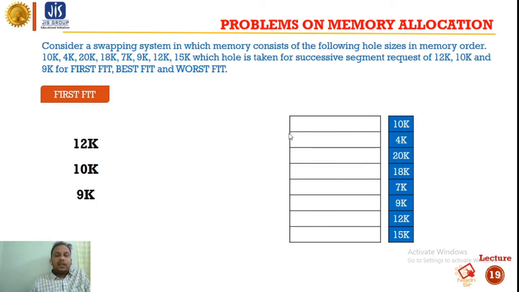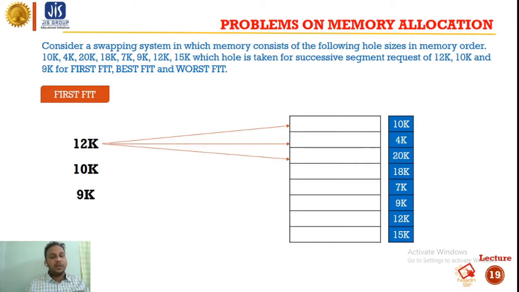Can 12K be stored in 10K? No. Next, it will check 4K. Can 12K be done in 4K? No. Then 20K. Can 12K be inserted in 20K? Yes. So 12K checks 10K, then 4K, and after that 20K, and in 20K, 12K can be fitted. So 12K is inserted.